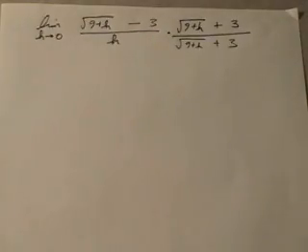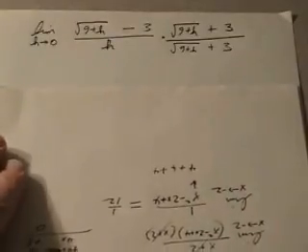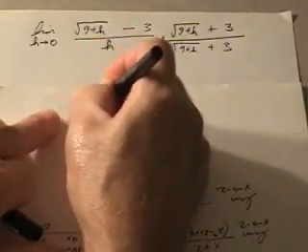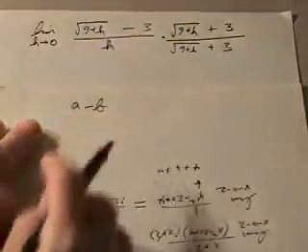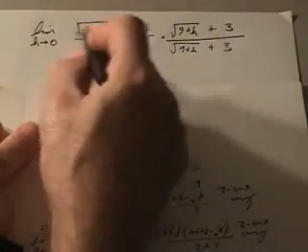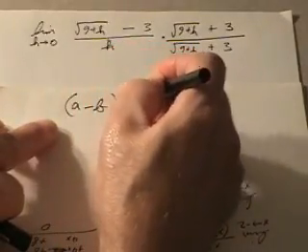Let me show you, just on another sheet of paper, one that I used already, so that I don't have to mess this one up. Here's the idea. If you have an a minus b, which is what I'm dealing with here, just looking at it, sort of stripping away all the garbage, this is an a and this is a b, and I'm subtracting them. What if I multiply that by a plus b?